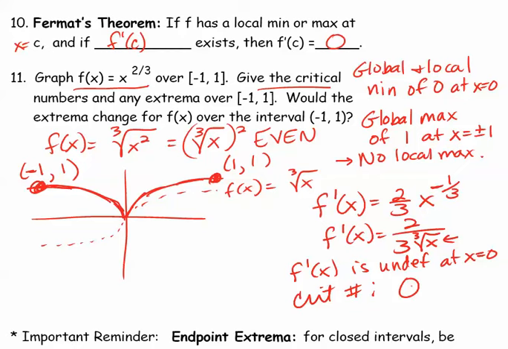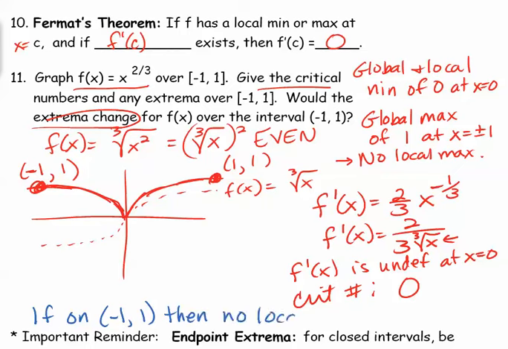We have a question then of would the extrema change if we had open endpoints? Yes, if we had open endpoints. So let's see where I can squeeze in that answer. If on the open interval, then there would be no local or global maxima.